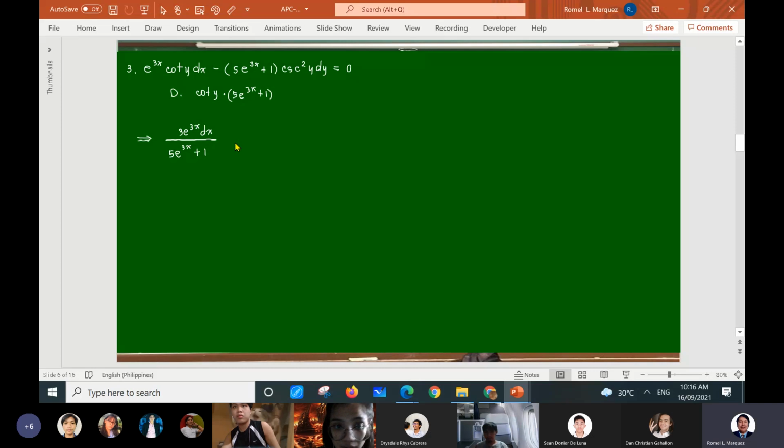What about the second term? We have cosecant squared y over cotangent y, then this is multiplied by dy, equals 0. Am I right, guys?